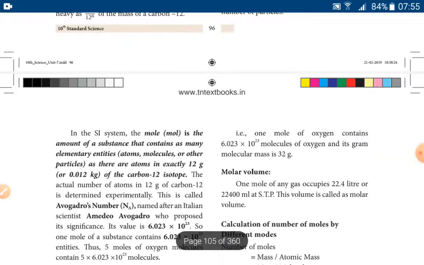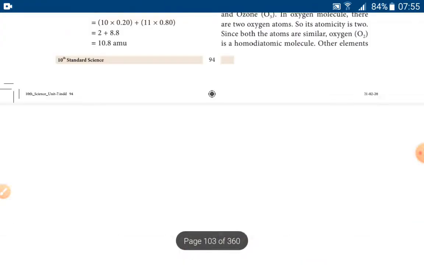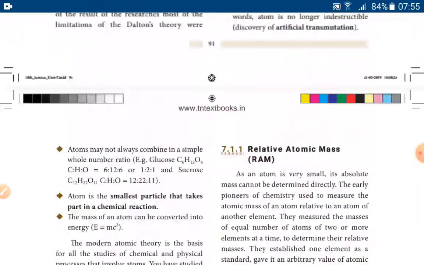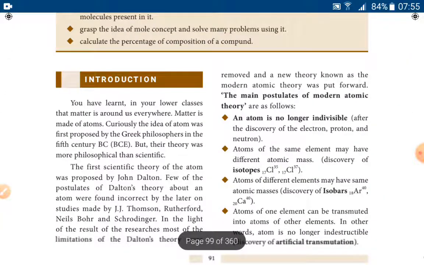In this chapter, so far we have learned about the modern atomic theory. This is the important one. What are the postulates of modern atomic theory, or what are the main features of modern atomic theory?